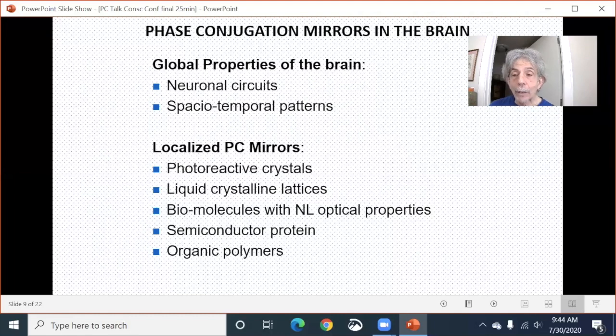And I'm sorry, but I don't see how a spatial temporal pattern could generate phase conjugation. I'm kind of more in the localized phase conjugation mirror concept outlined here. We've gone over most of these molecules before that are capable of doing it. So clearly, localized phase conjugation mirrors could exist in the brain.